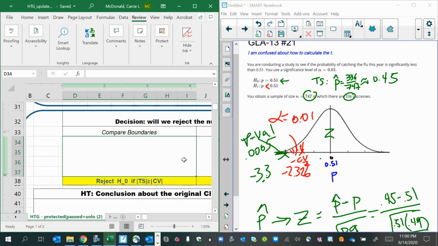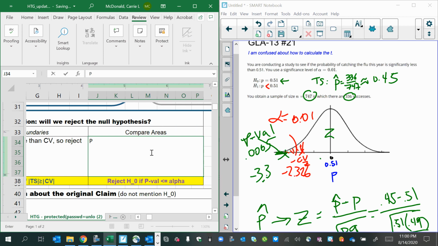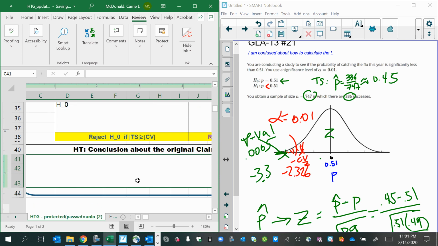Okay, so we would say the test statistic is more extreme than the critical value, so reject H sub 0. We would also say, by comparing the areas, that the probability, the p-value, is less than alpha, so reject H sub 0. And the claim was part of the alternative hypothesis, so by rejecting the null hypothesis, we have support for the alternative.